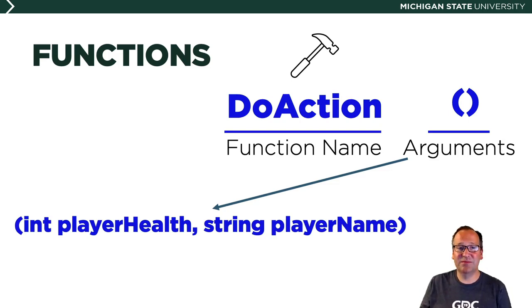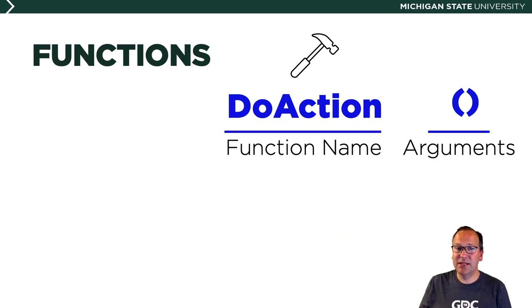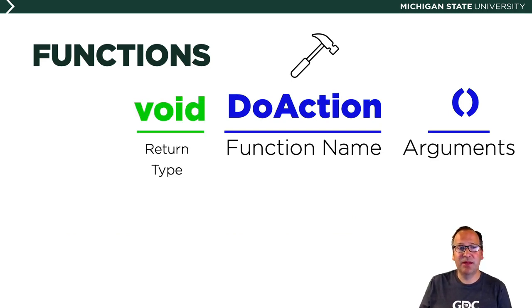More on that later. In addition to arguments, before the function name, you also specify a return type. That is, you specify the type of data the function returns back to whoever is calling it. This type can be an int, bool, string, or any of the same data types of variables. If the data type is set to void, as shown here, that means the function does not return any information.